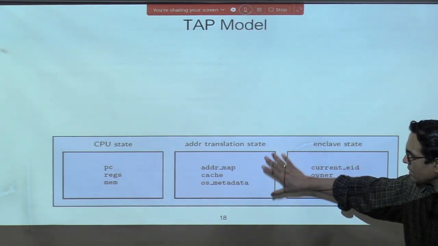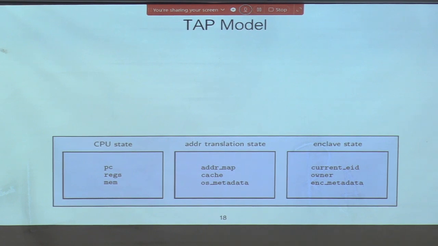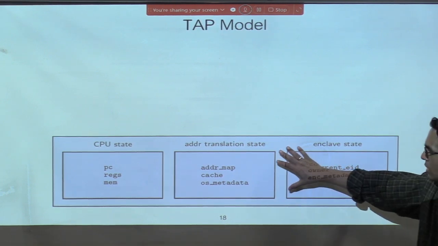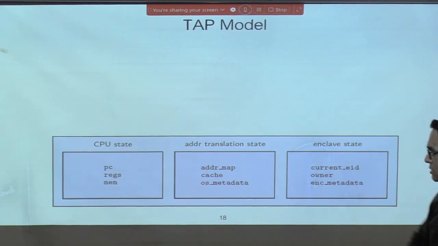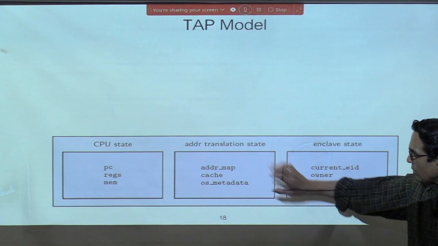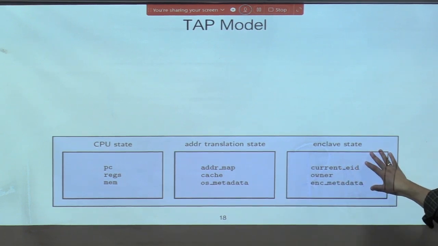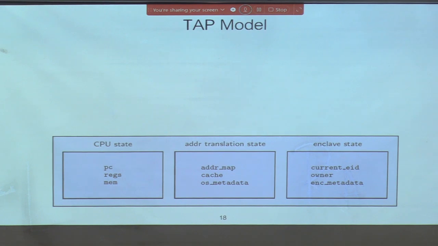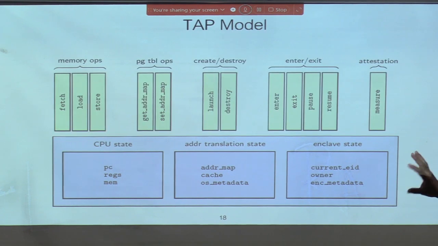Then there is state associated with address translation, because we have to model the details of how the system manages virtual to physical mappings and address allocation. And then we have to model state that is specific to enclaves, so metadata for enclaves. On top of that, we have essentially 5 categories of operations.